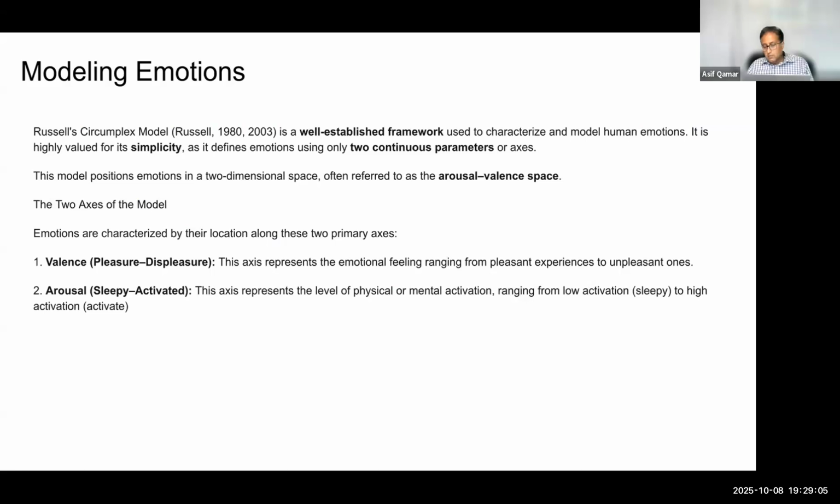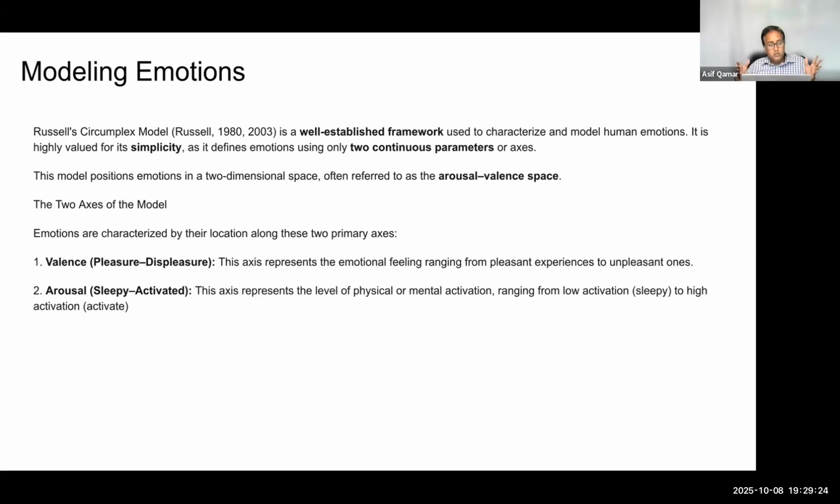So now we are back to modeling emotions, and we are getting into some theoretical framework. When we talk to an LLM like ChatGPT, we are going to use this model to specify the emotions. You can visualize it as a two-dimensional space.